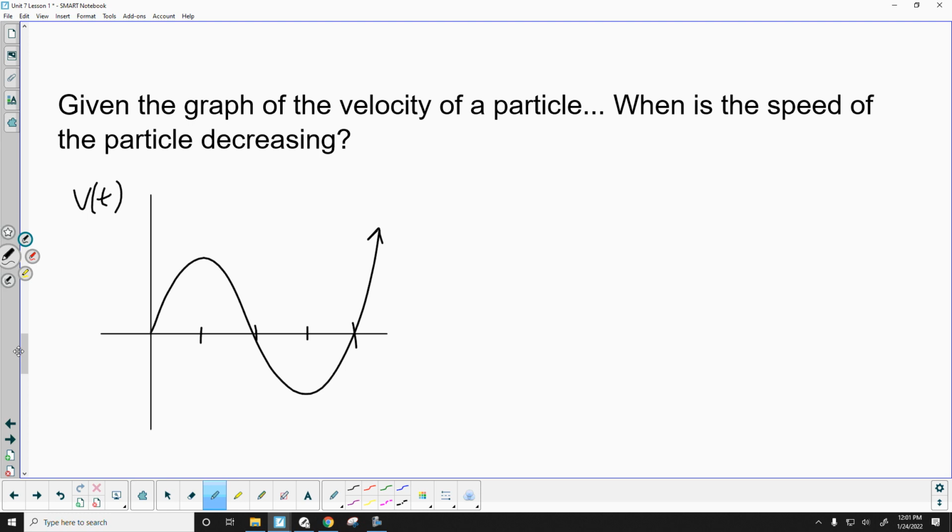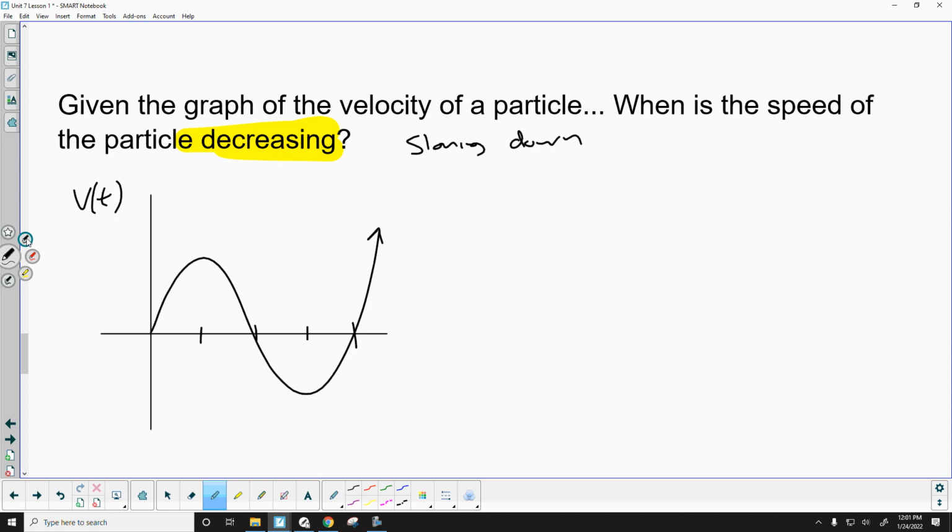All right. Here's a graph of V. When's the speed decreasing? When are we slowing down? Two ways to do it.